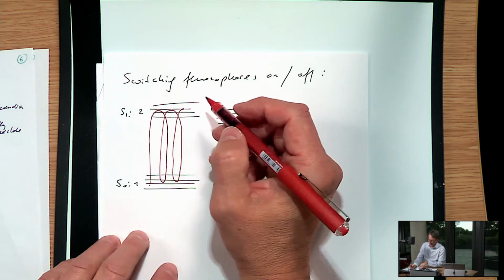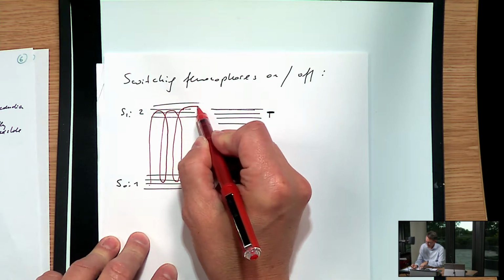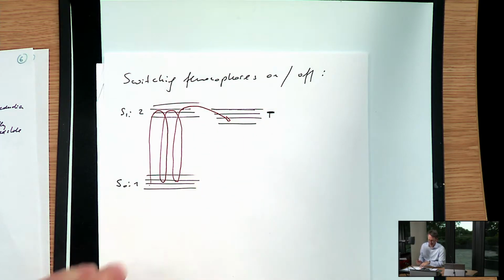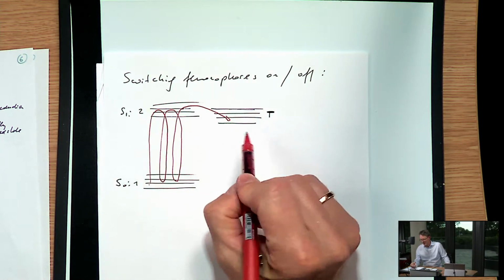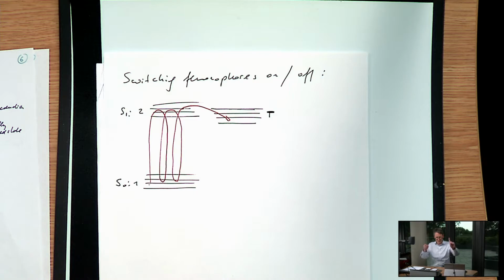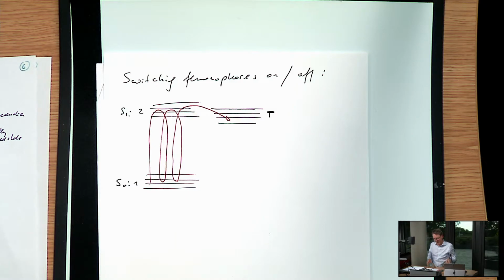But actually, there is a certain possibility that the molecule will land from this excited state not in a singlet state, but in its triplet state. So the spins flip. And you don't need to remember the details of this, but fluorescence happens between singlet transitions, so the singlet ground state and the singlet excited state.